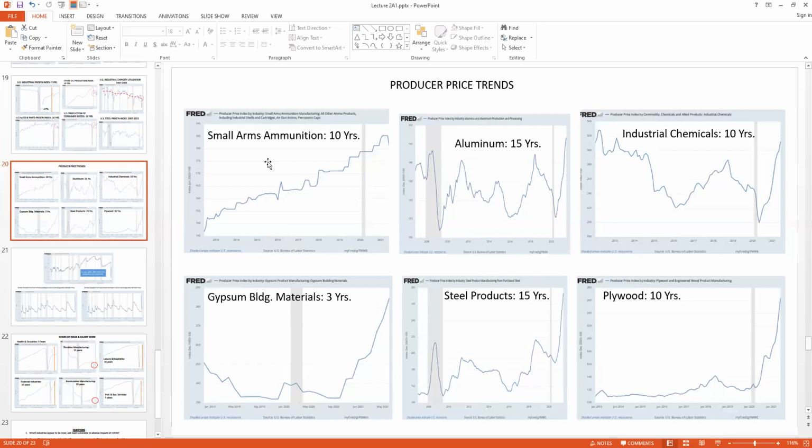Every time they make these protests, these claims that something should be done about them, the price of the small arms and ammunition rises.